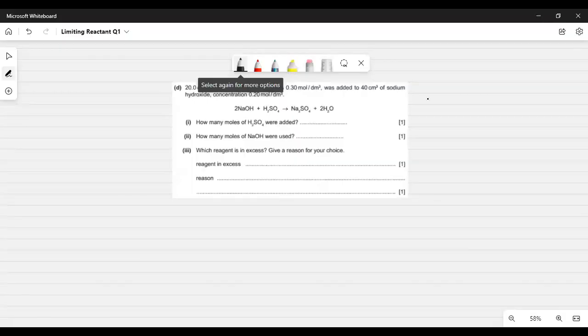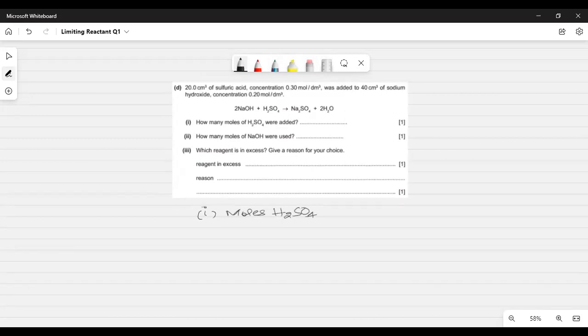Yes, sir. Okay, so really the first two parts are pretty simple and straightforward since they require you to go with the formula. So in part one, moles of H2SO4 are something that we are supposed to find.